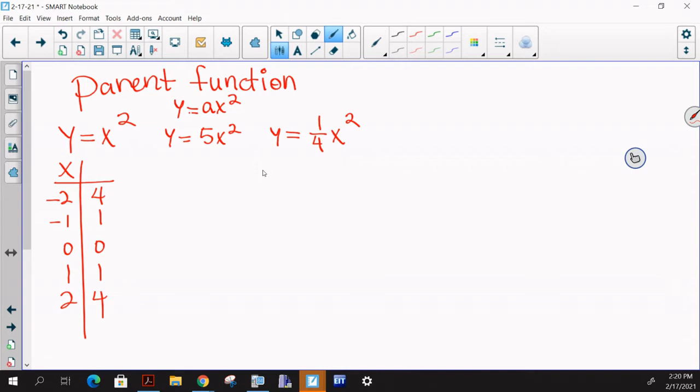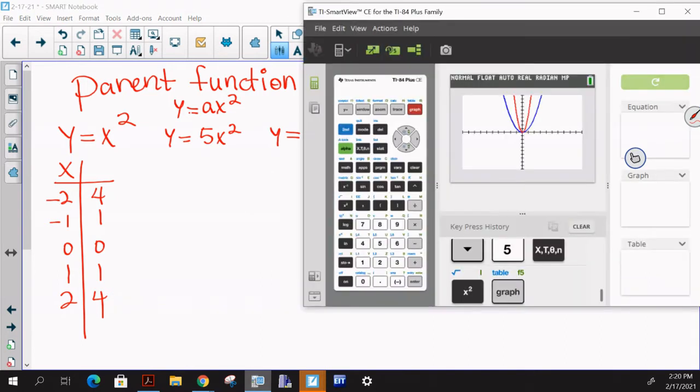First of all, before I put that in the graphing calculator, what do you think the graph will look like? You know, when it was 5, it became a skinny graph. What do you think a fraction will do? Oh, it'd be big, wouldn't it? Could be. Let's see what happens.